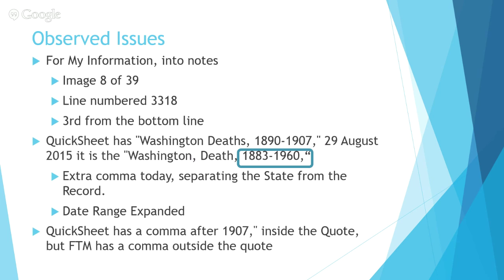The other item is that the QuickSheet had a comma after the year, but within the quote, while the Family Tree Maker template puts the comma outside the quote.